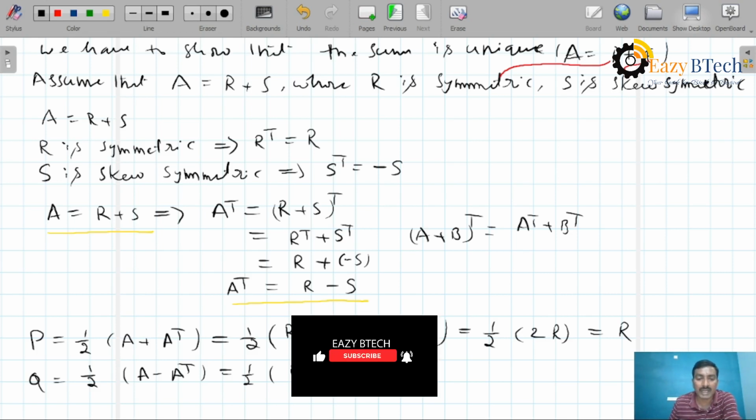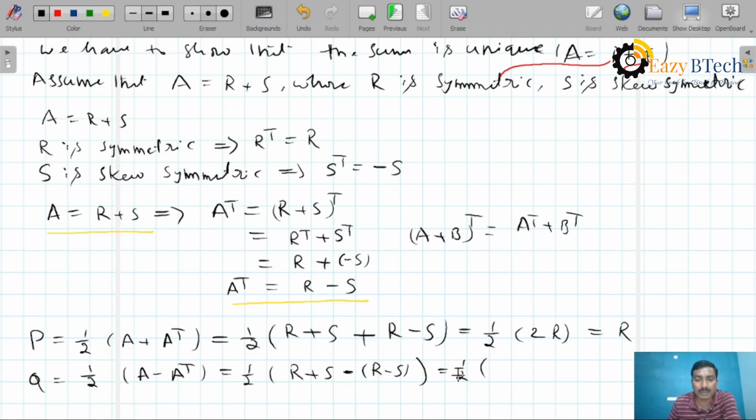Multiplying the minus: minus into R, and minus into minus gives plus S. Therefore, R cancels, and you get 1 by 2 into 2S. The 2 cancels, and you get S. Therefore, finally, P equals R and Q equals S.